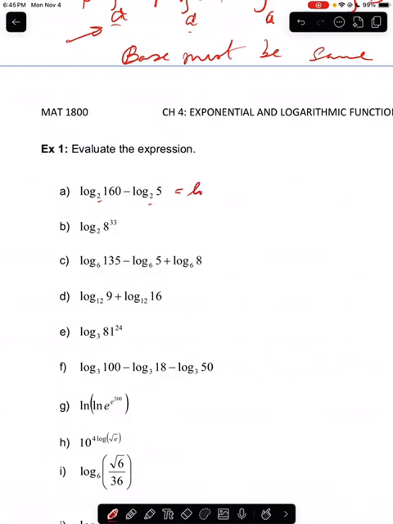So we will get log base 2 of 160 over 5, which is equal to log base 2 of, now divide 160 by 5, what do we get? 5 3s are 15, and 1 left, so 32. Okay, so 5 is gone, so we get 32.